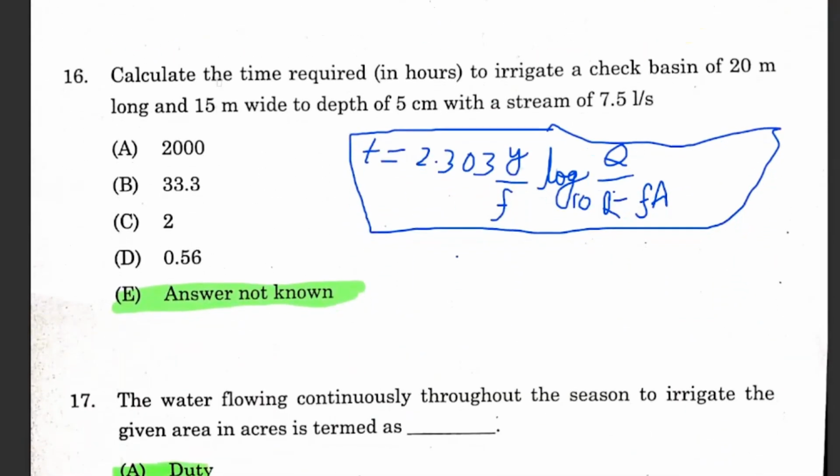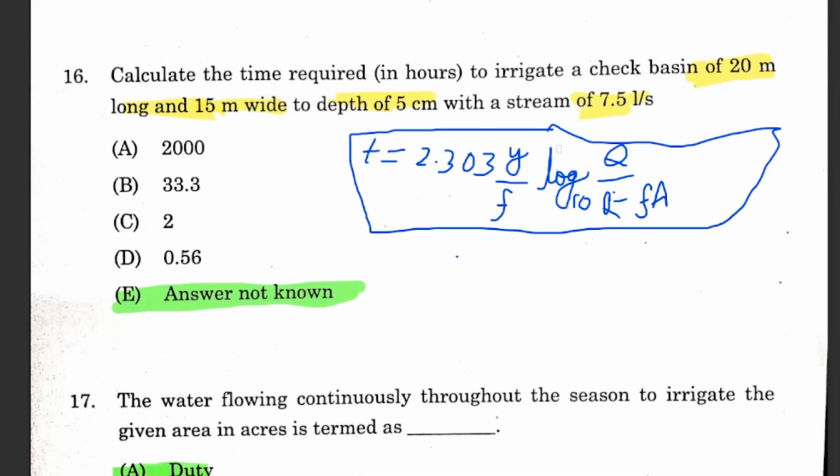Question number 16. Calculate the time required in hours to irrigate a check basin. It is a rectangular basin, so here it is given 20 meter long and 15 meter wide, and depth y is 5 centimeter and q is 7.5 liter per second.